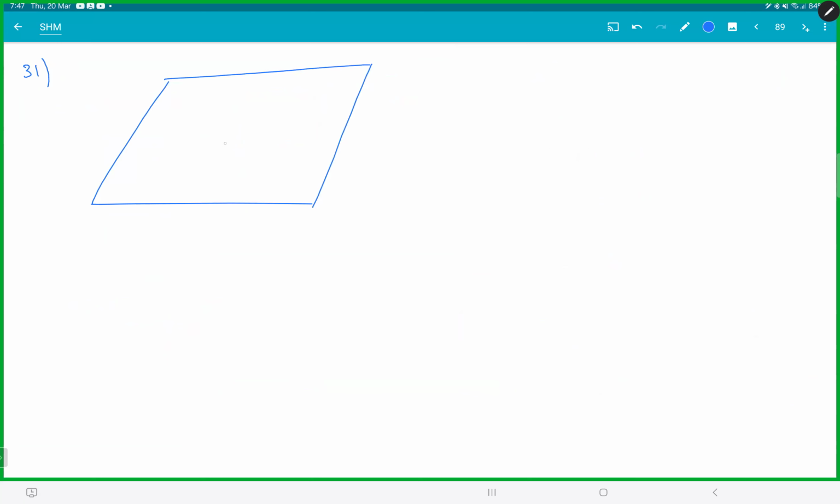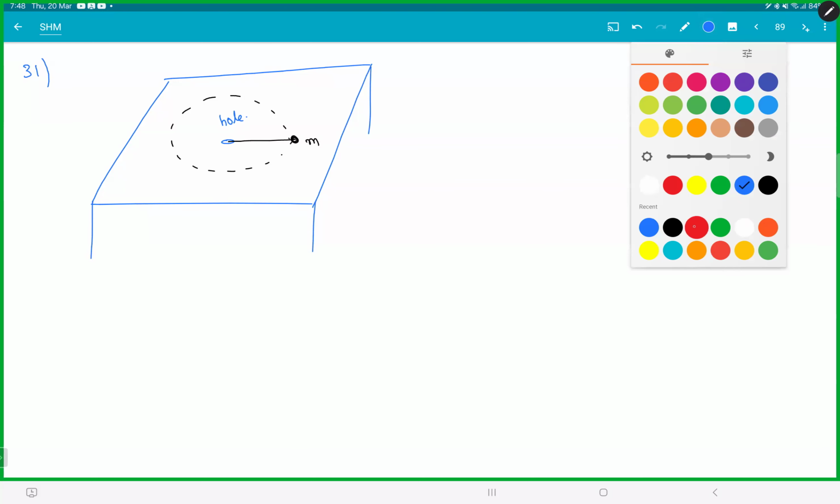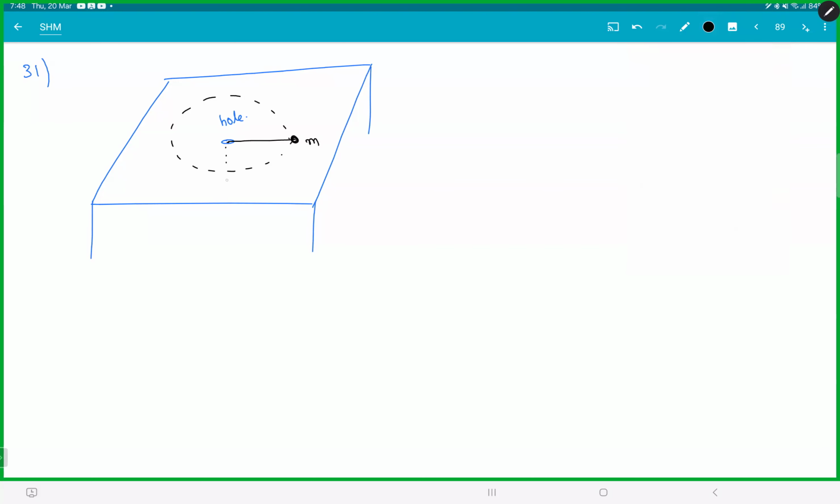We have a table here with a small hole. Here we have a body m, which is going in a circle. On the other side, you have a capital M like this. Gravity is there.